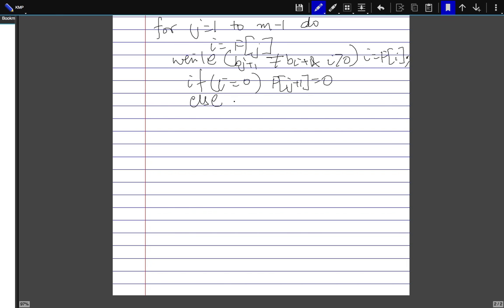So we say f j plus 1 equals to I plus 1, and that's pretty much it. So we got two loops, which gives us a complexity of n square. Now we have found the initial and the final substring.